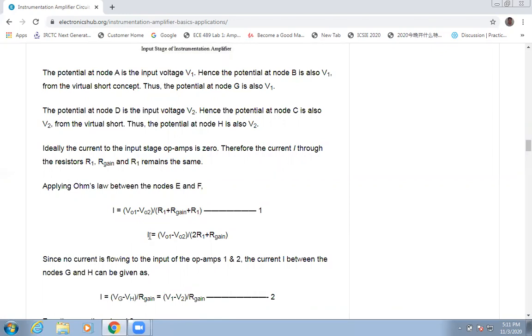Or we can simply say that I is equal to V01 minus V02 divided by twice R1 plus R gain.